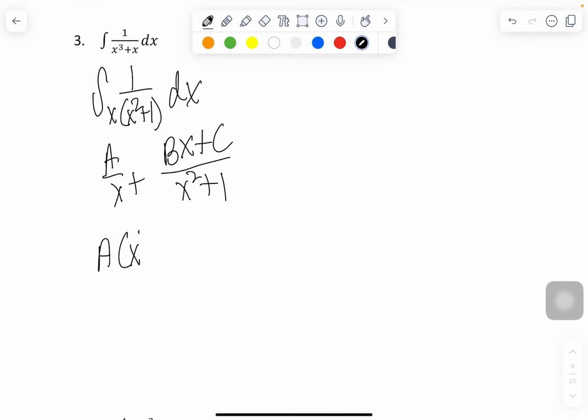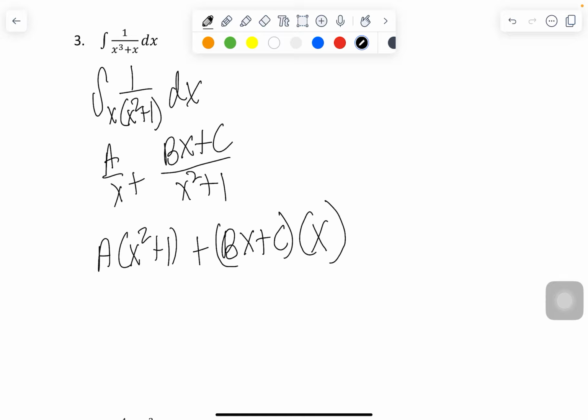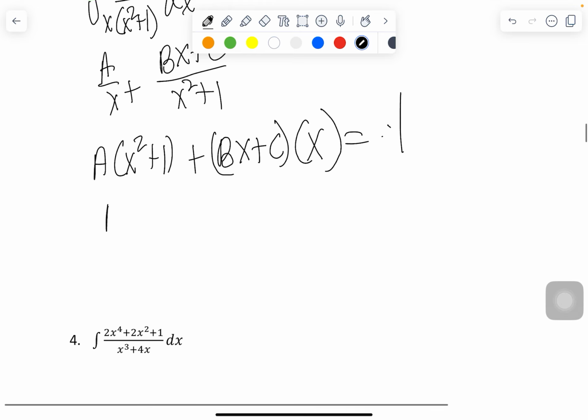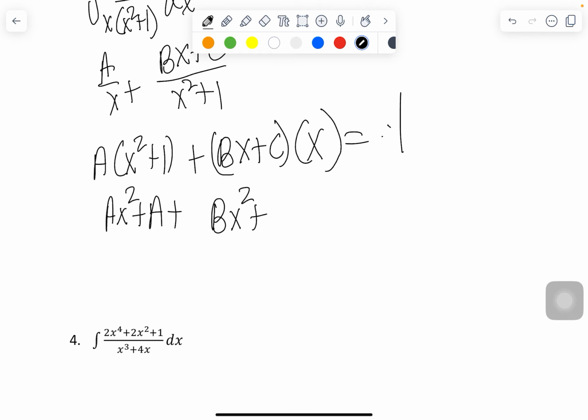So a times x squared plus 1 plus bx plus c times x equals 1. So for this one, we'd have to create a system of equations.